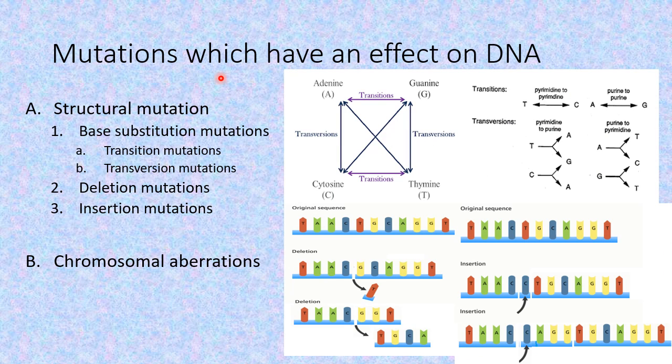Now we know that the polynucleotide sequence comprises basically of four types of nucleotides, that is adenine, guanine, thymine and cytosine. And these four nucleotides, or the building blocks of any nucleotide sequence, if they are replaced by each other, then what will happen?